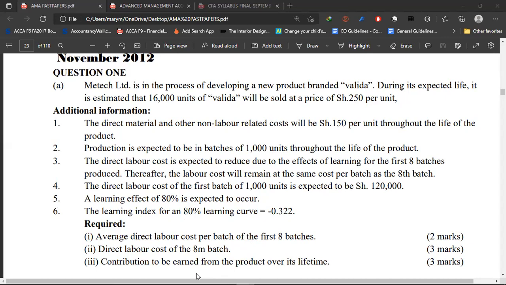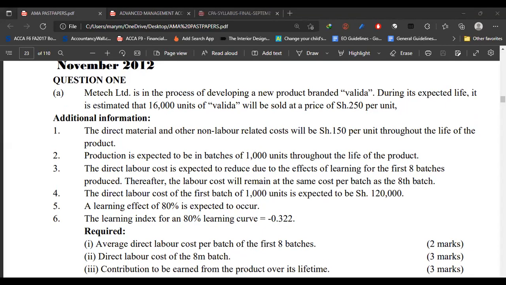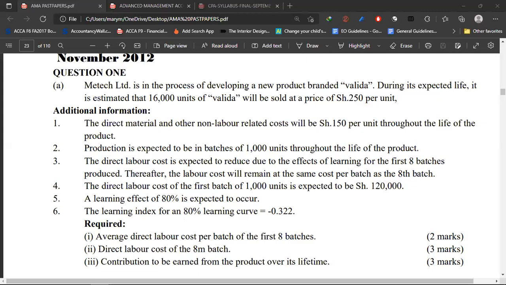You can see it. Just open it from your group.